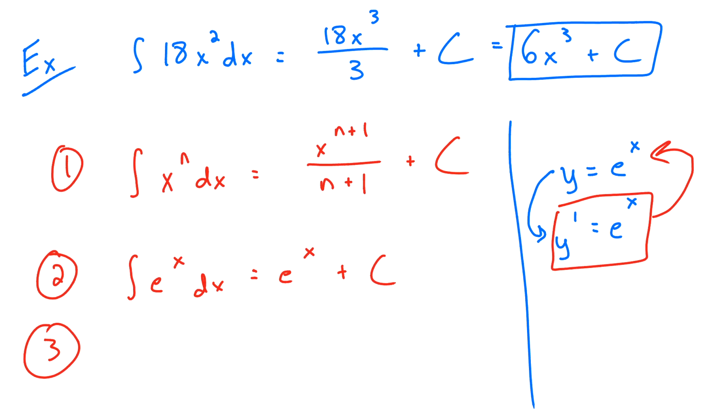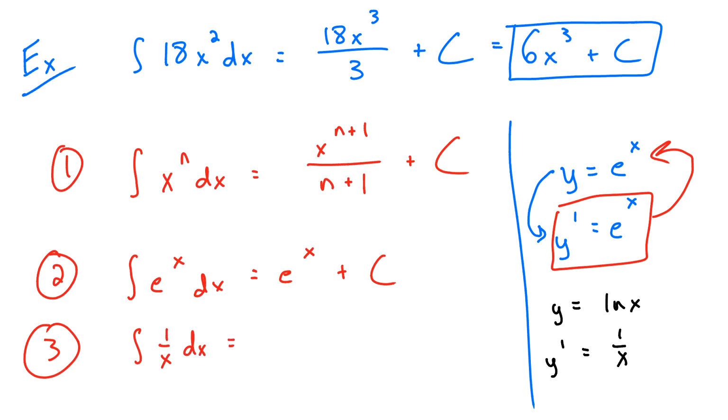The last function that we talked about, remember we talked about y equals natural log of x. The derivative of that function, y prime, derivative of natural log of x, we said was 1 over x. So again, when I think about my antiderivative, I'm starting with y prime, which means I want to know what is the antiderivative of 1 over x dx.